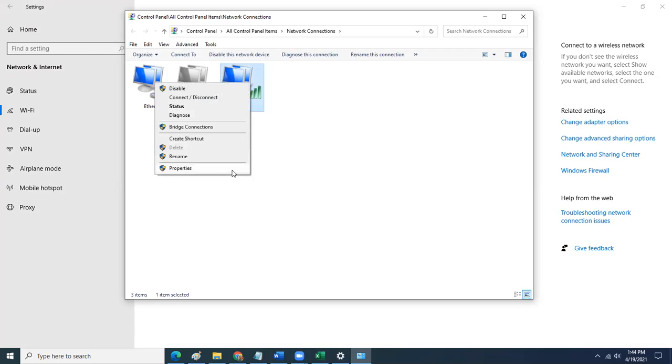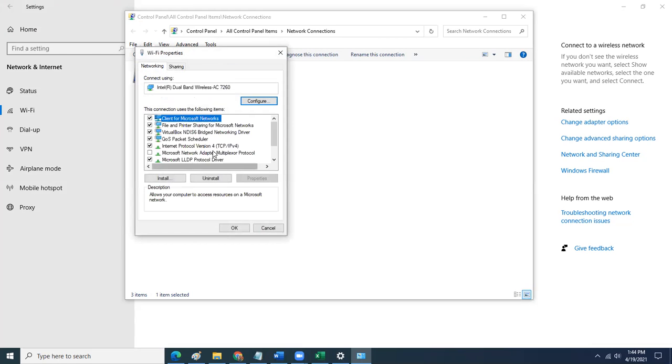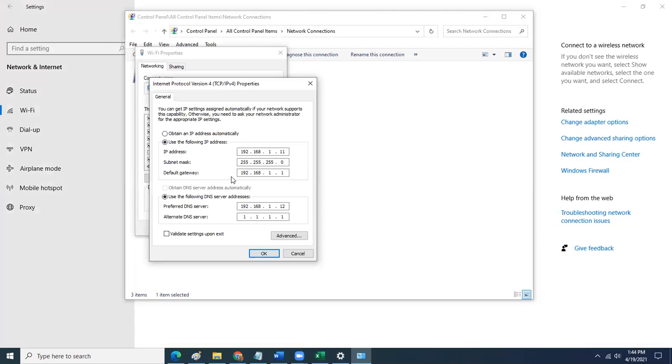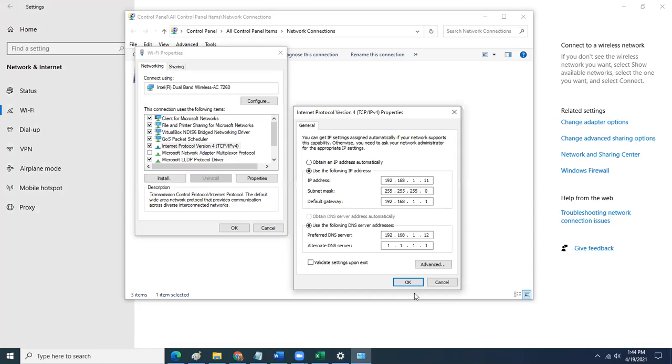Here's my network configuration, right? Pretty much everybody knows this. Everybody sees this.